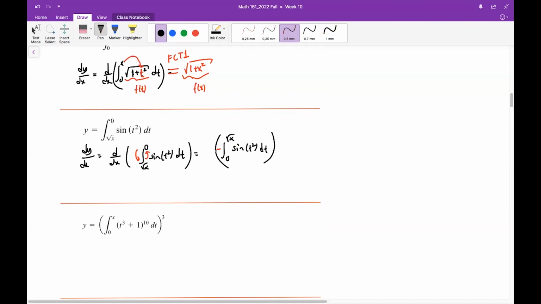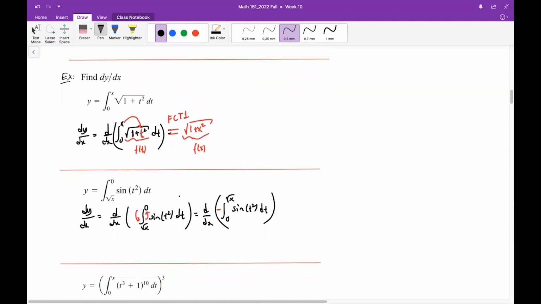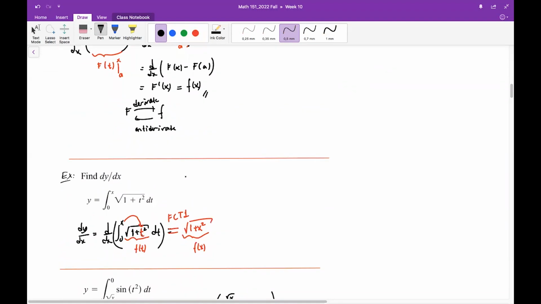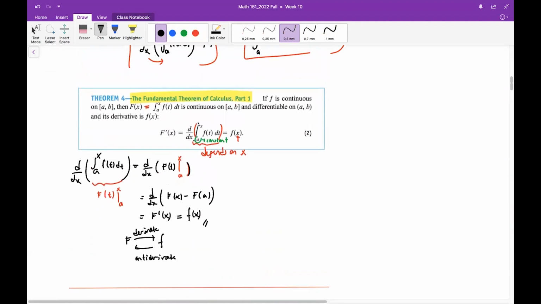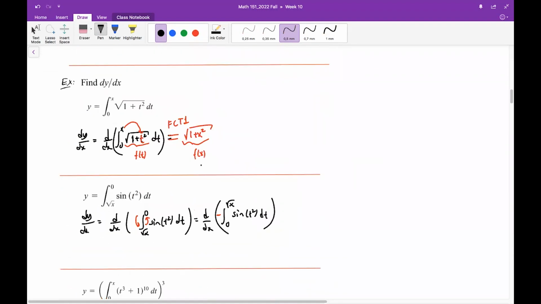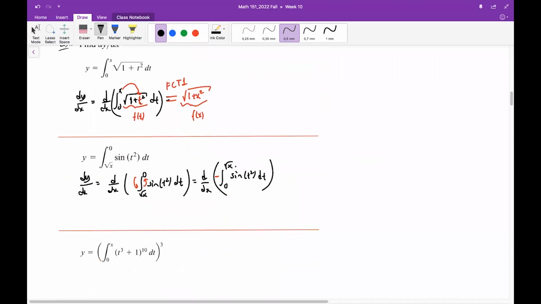Okay, and then you want to take the derivative, of course. Also, there is one more generalization here. You see here we have x, but instead of x, we have square root of x, which is a function of x. So this is, in fact, kind of the generalization of fundamental theorem of calculus part 1.